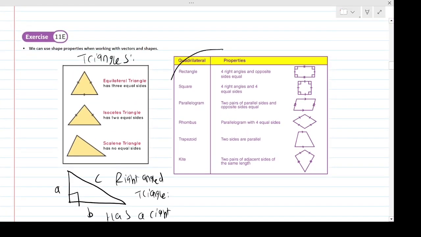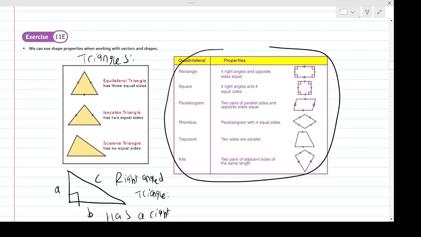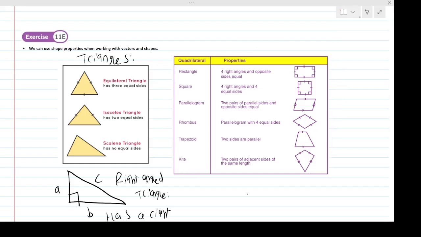Now quadrilaterals as well. These are four-sided shapes. So firstly, a rectangle. The two pairs of opposite sides are the same, so the width is the same and the length is the same. But in addition, the angles are right angles.